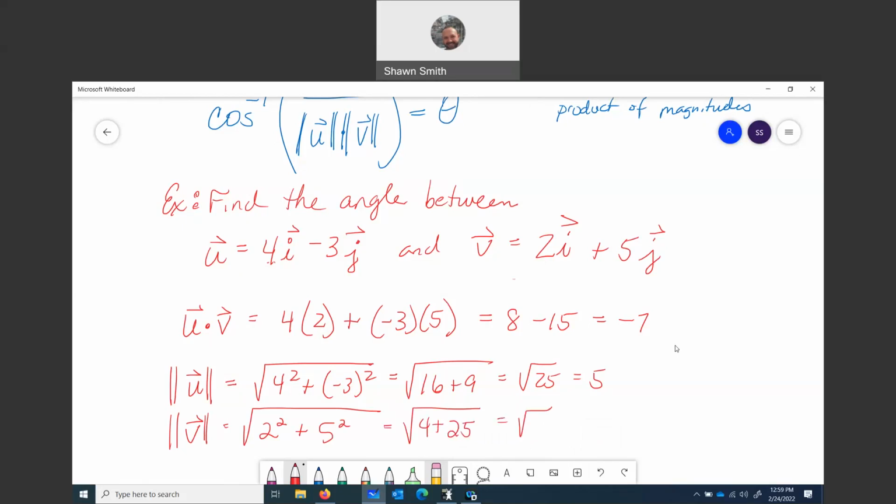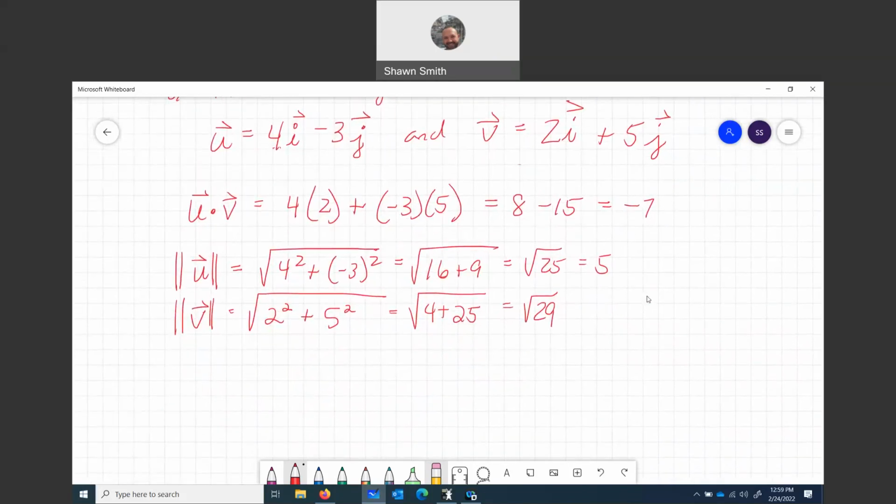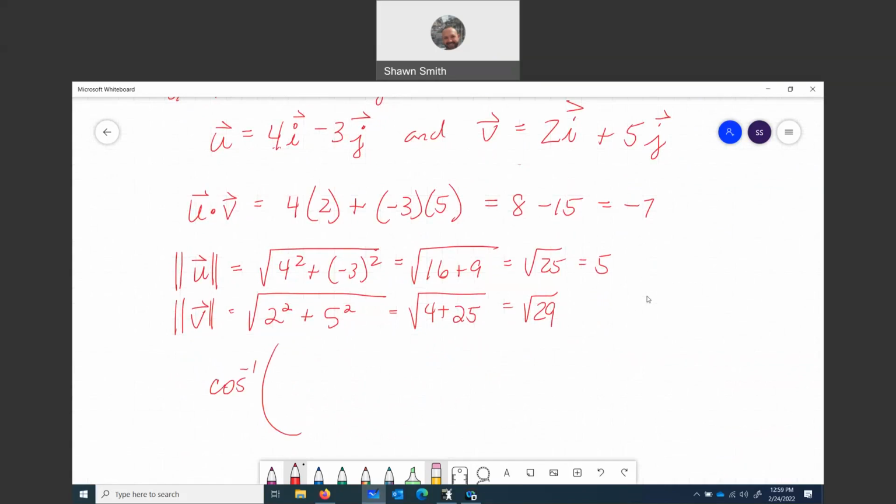Which is square root of 29, and that does not simplify. That's okay, it doesn't matter. It's all going to the calculator, right? So we have that the inverse cosine of the dot product over the product of the magnitudes is equal to theta.